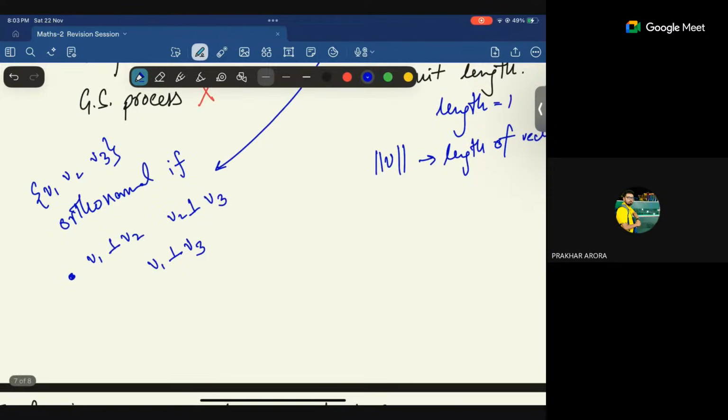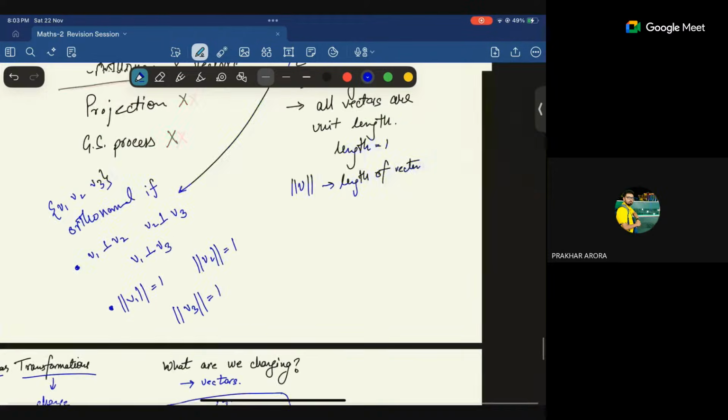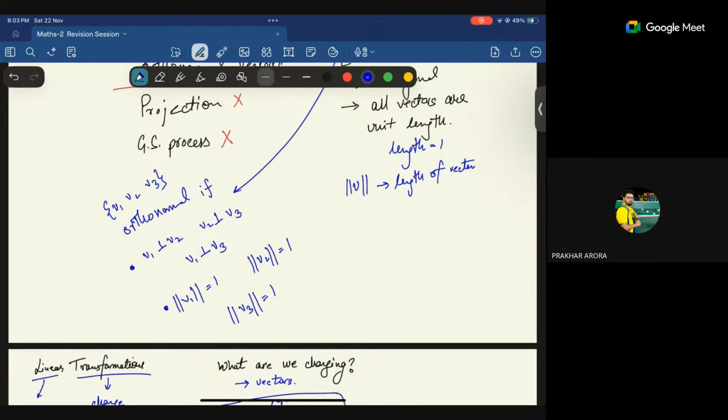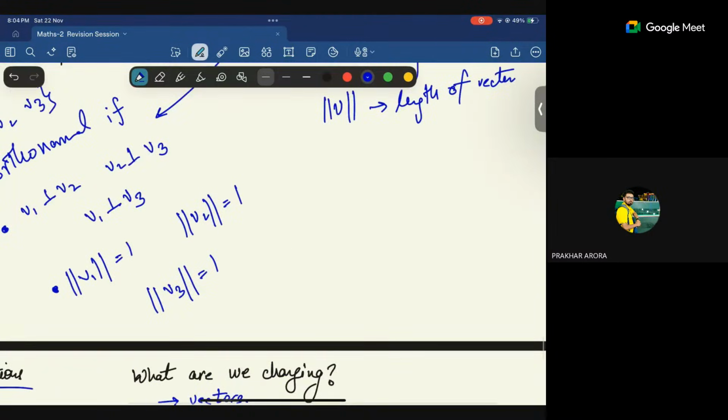That is the first thing. The second thing is that the length of v1 is equal to 1, the length of v2 is equal to 1, and the length of v3 is equal to 1. If all these conditions are true, then our set of vectors is orthonormal. And the last thing that I will talk about today is how to normalize a vector.